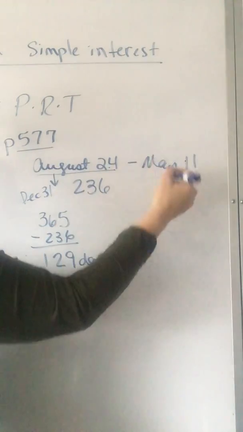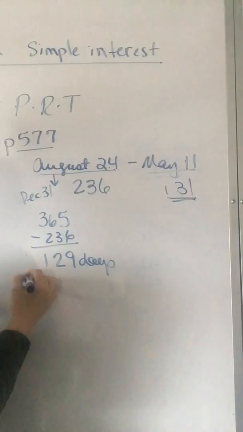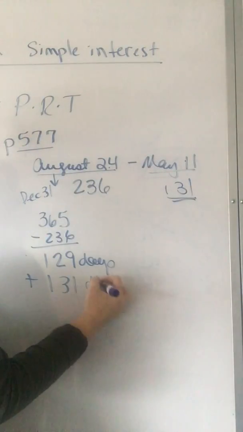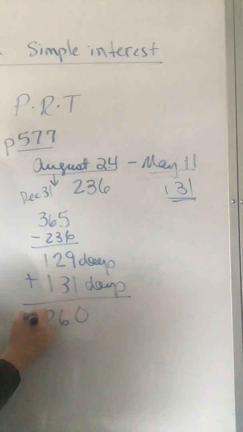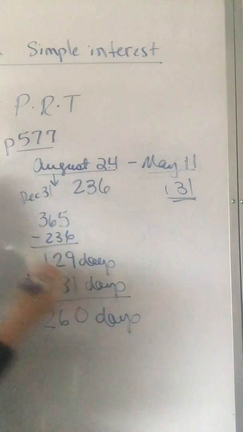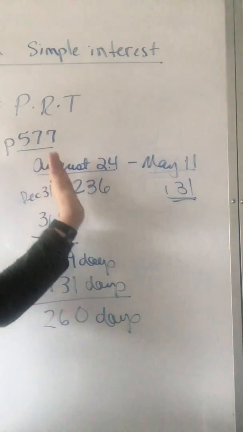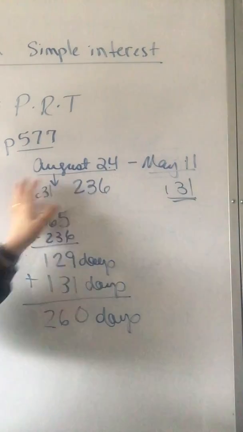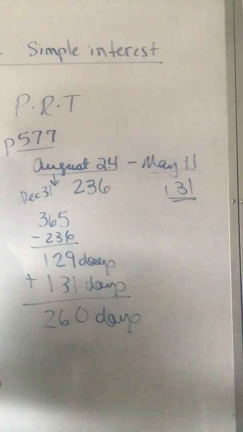And then we wrap around in the calendar, and then May 11th is 131 days into the next year. So we'll add those days for a total of 260 days total. That should be the answer on A part. So if it asks you to calculate how many days are between August 24th through May 11th, that's how you can use your calculator to help you figure out how many days that is to use in your loan calculations.